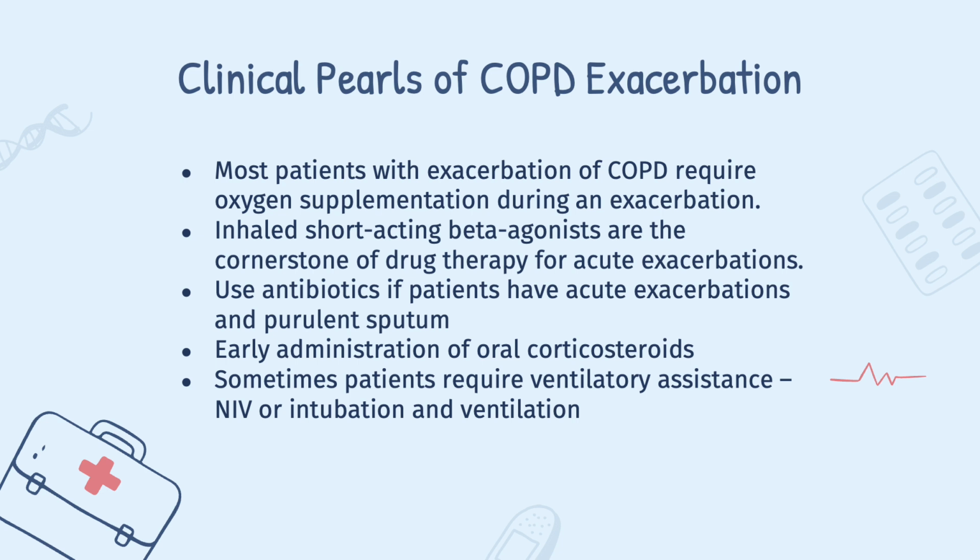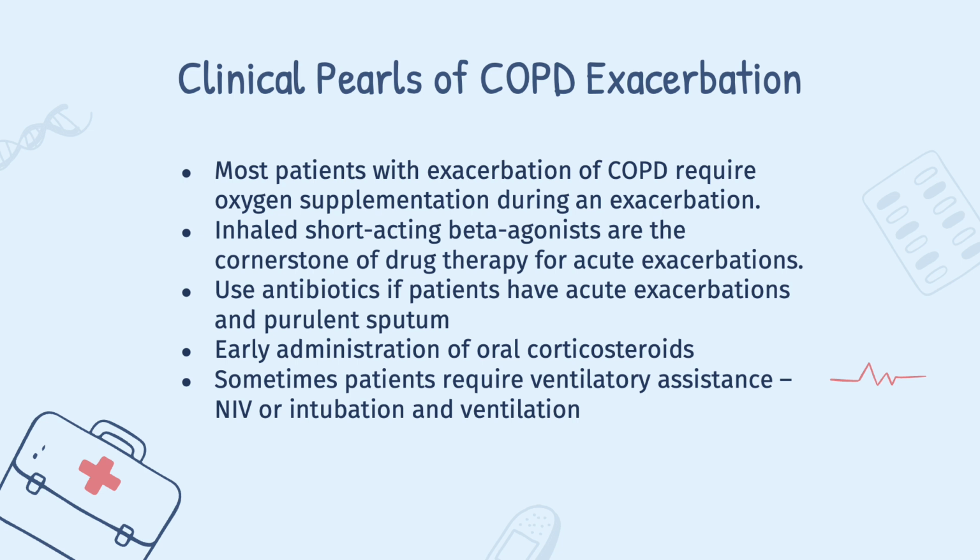Our clinical pearls for COPD exacerbation. So most patients with exacerbation of COPD will require oxygen supplementation during that exacerbation. Our inhaled short-acting beta agonists are really the cornerstone of our drug therapy for exacerbations. Use antibiotics for those that have exacerbations and are having purulent sputum.